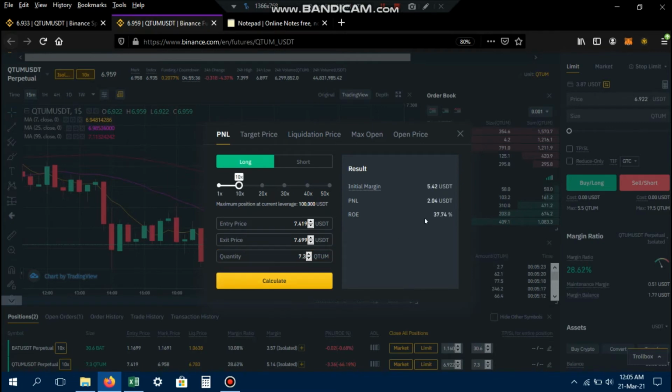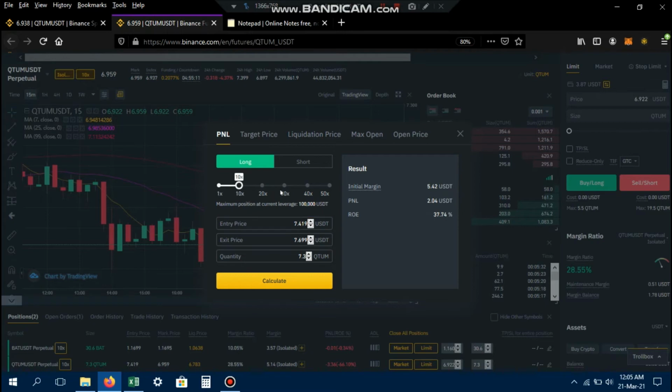Now you see it's showing me that on this entry price with this exit price I'll have a profit of 2 USDT, which means that whatever amount I'm investing, I'll have a profit of 2.04.